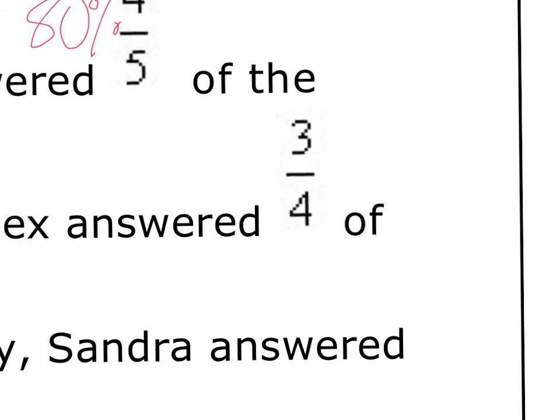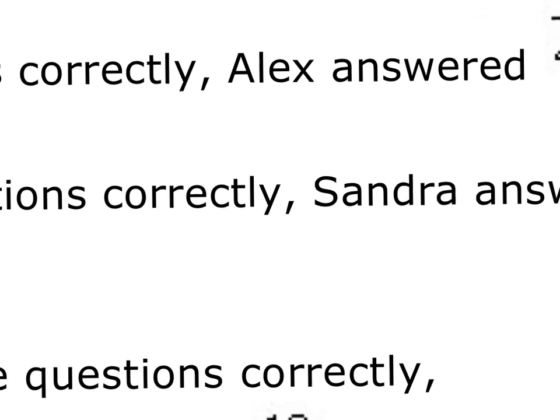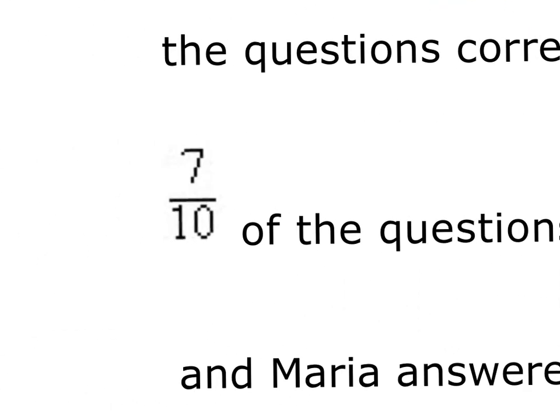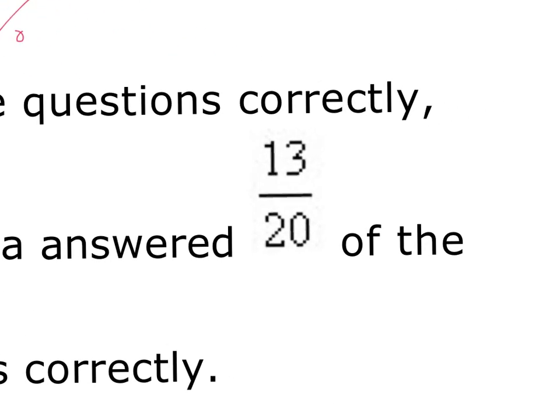Now we got Alex. 3 over 4. What is that as a percentage? Think about quarters. 75%. Then we have 7 over 10. What's 7 over 10 as a decimal? It's 0.7 or 70%. And then we've got 13 over 20.